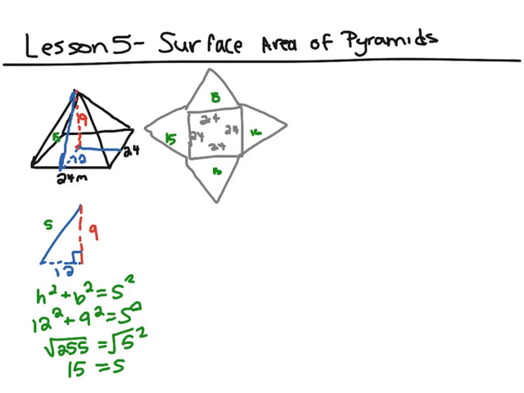And we have 1A, just the base, and 4 equal triangles. So we'll label them all B. So the surface area is going to be equal to A plus 4B.